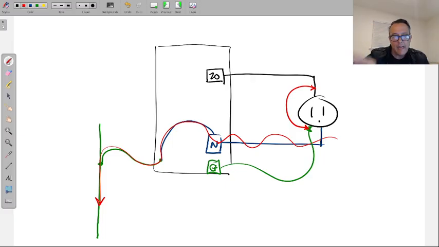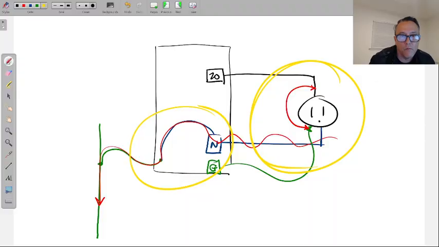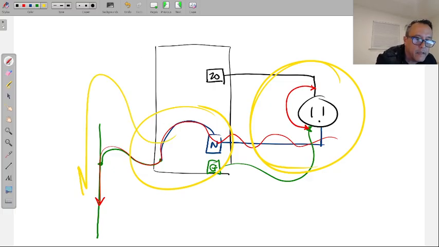At the load, over here. At the panel, it doesn't matter which ones are, because they all end up at the ground. So this is why they call it a ground fault, sort of as an overall cover to everything, because at the end of the day, everything is finding its way to ground.